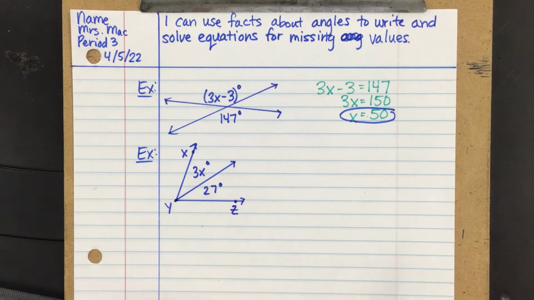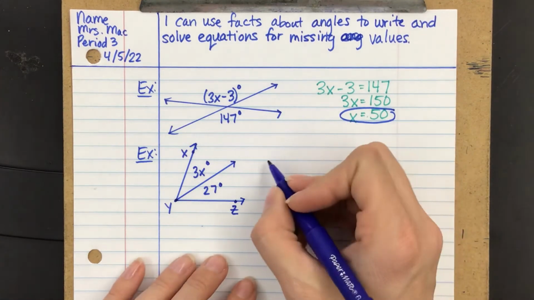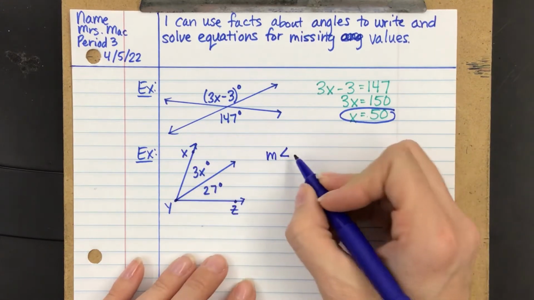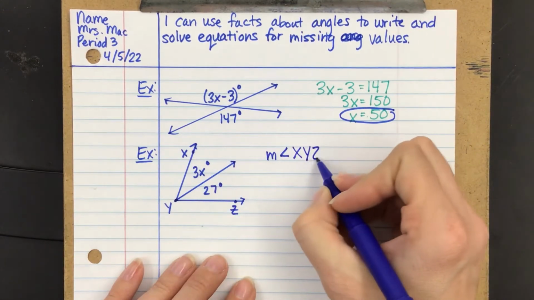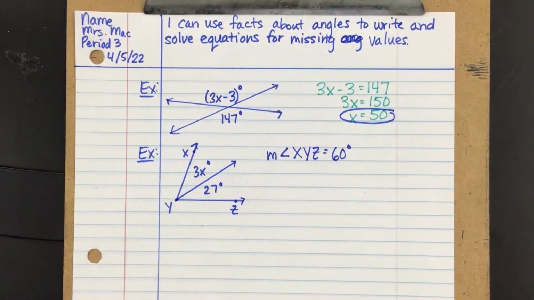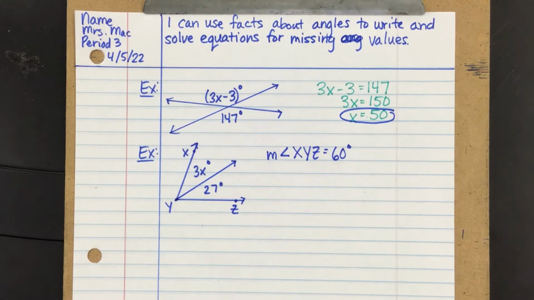All right. So we're also given that the measure of the big angle, x, y, z, is equal to 60 degrees, okay? And like I said, in your homework, it's going to look like this, which is weird, right? But if you just subtract the exterior measurement from 360, it'll give you the interior measure of it.